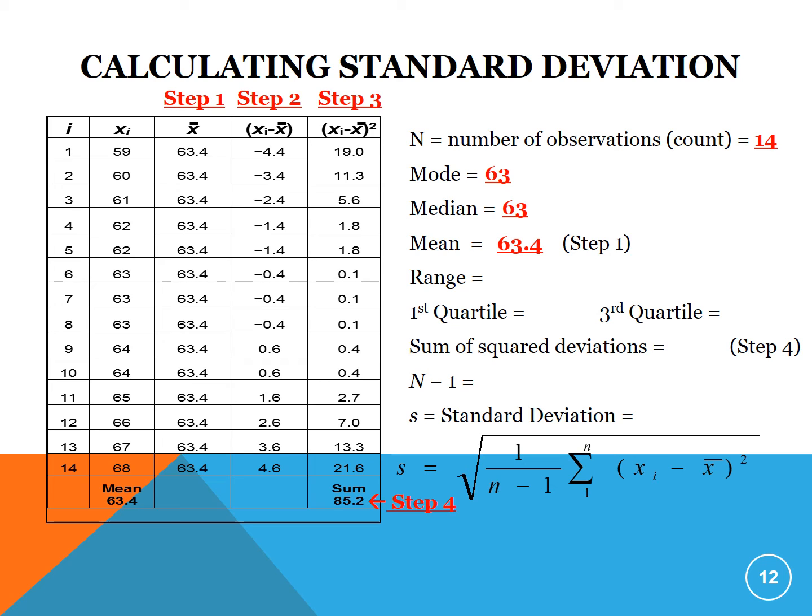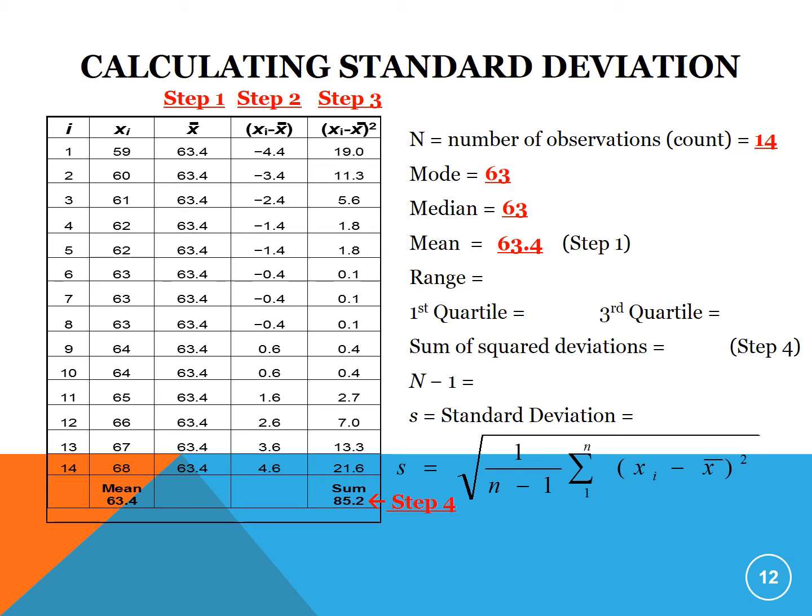And if you notice in the third column, I wrote down 63.4 all the way down because this sheet is what I created so that I could help you see how that equation at the very bottom is really working, okay? So we know what xi is, that's all of our actual values. We know what x bar is, that's our mean, our average. So we're going to just write that all the way down.